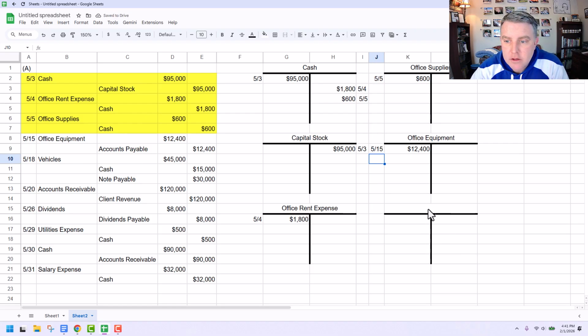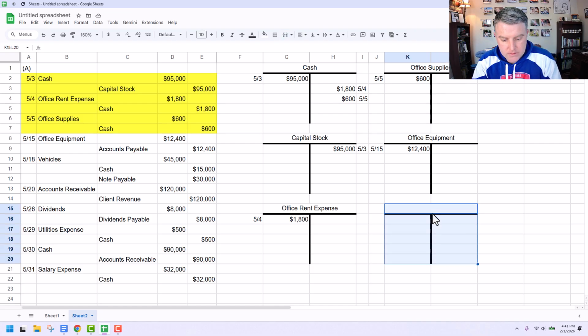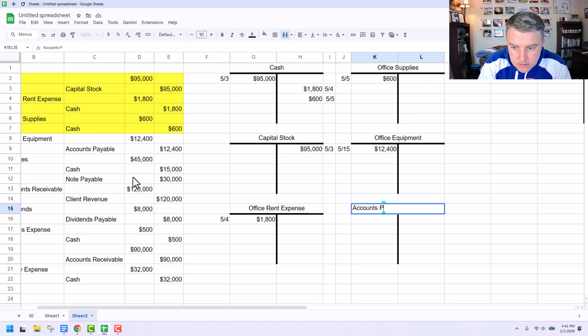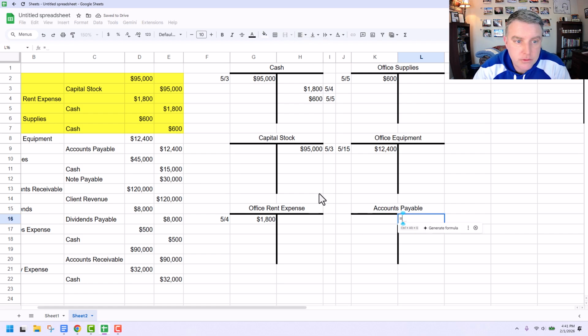And then we have accounts payable. That's also a new one. We haven't used that yet. Let me just copy this so that I have a template going here. All right, so this will be accounts payable. And accounts payable will be equal to a credit of $12,400.